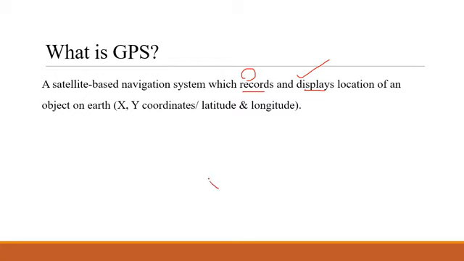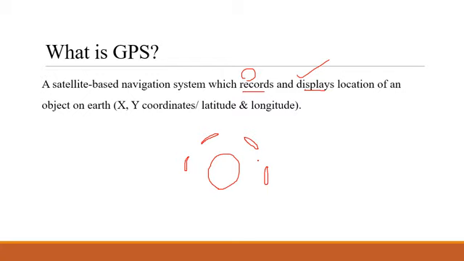For example, this is the earth, and we want to see where something is located. For this purpose, a constellation system is established, which are satellites moving around the earth in space. This is known as a constellation of satellites.